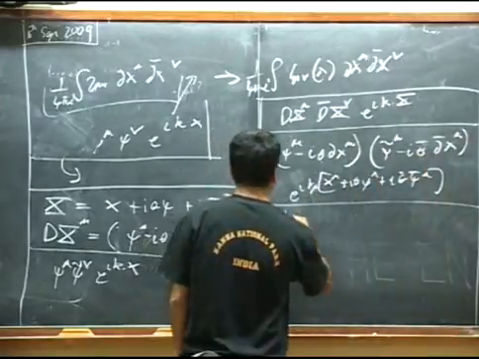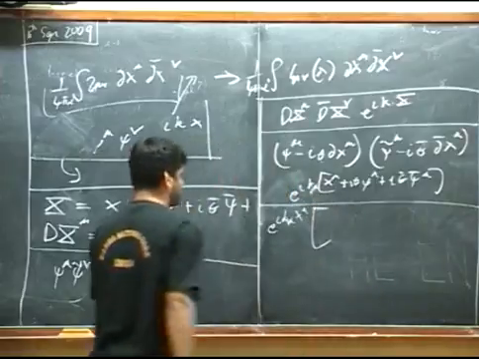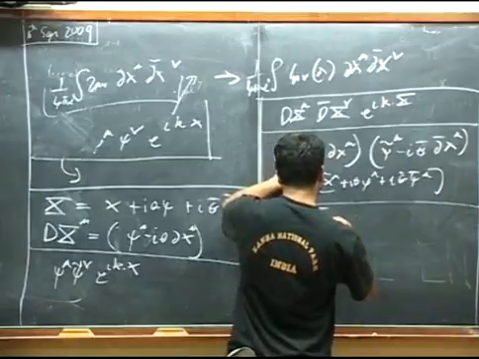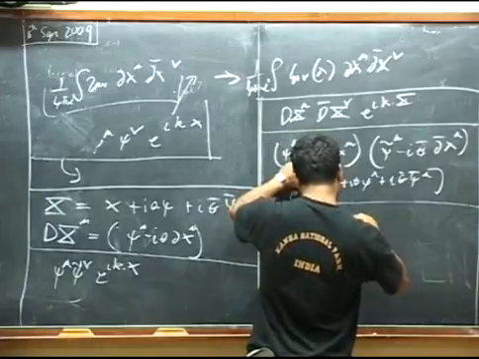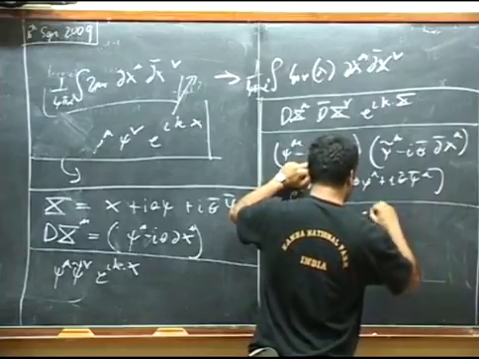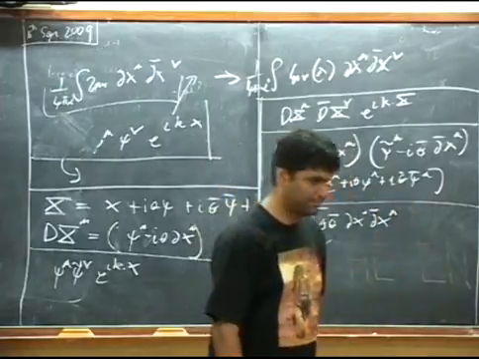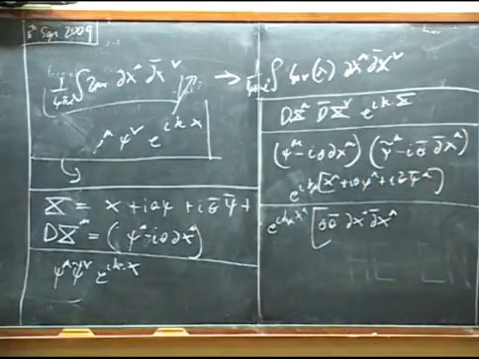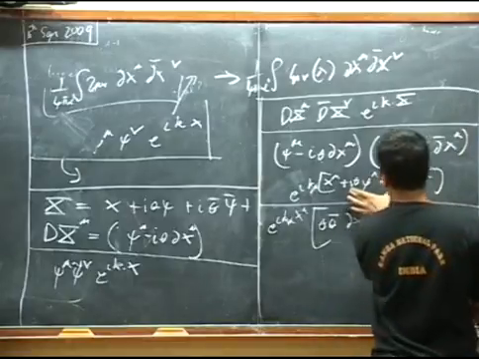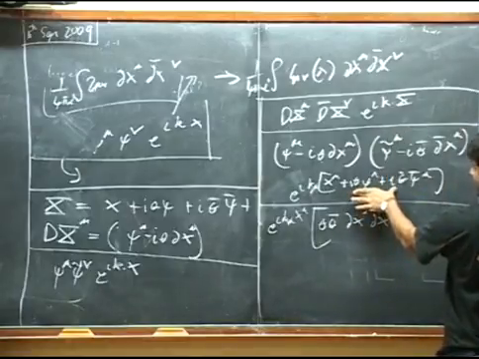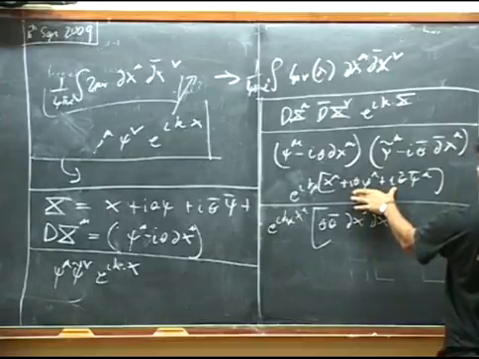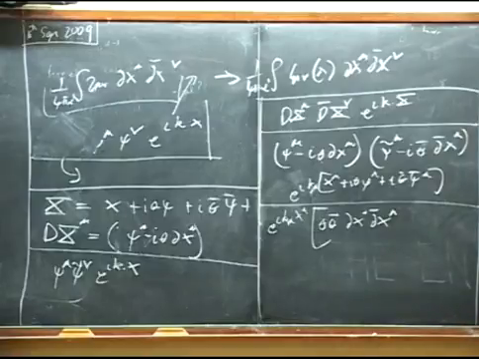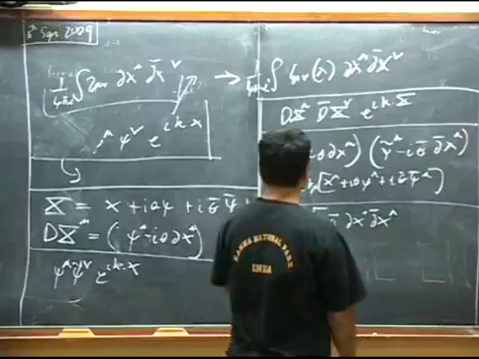So you get e to the power I k mu x mu, and one thing that we have is theta bar times del x mu, del bar x. What else do we have? We have what we get by expanding this to first order in theta and theta bar, and what we have by expanding to second order in theta and theta bar. So, let's do that expansion.